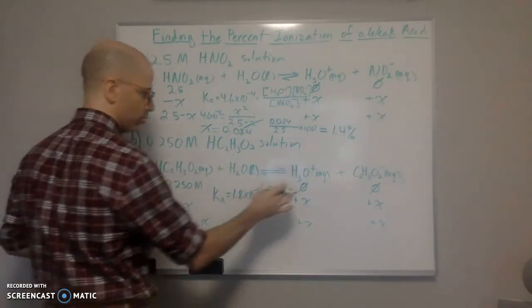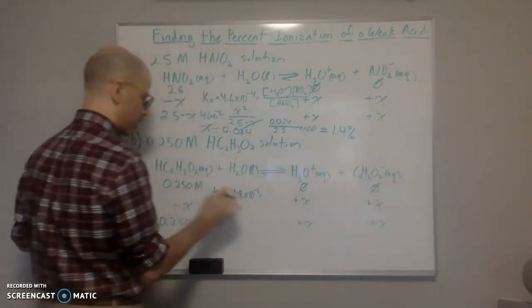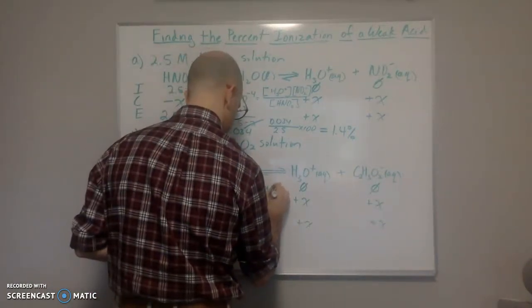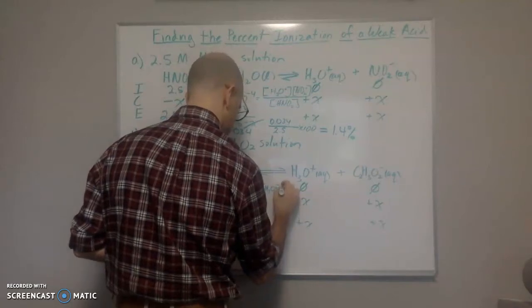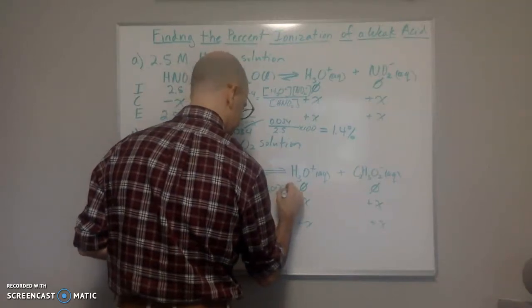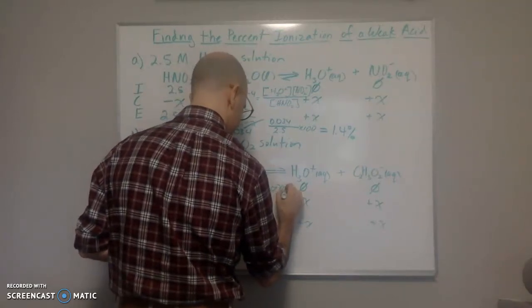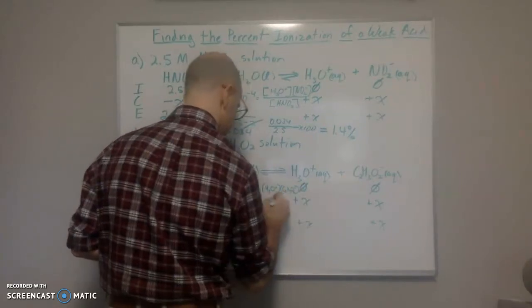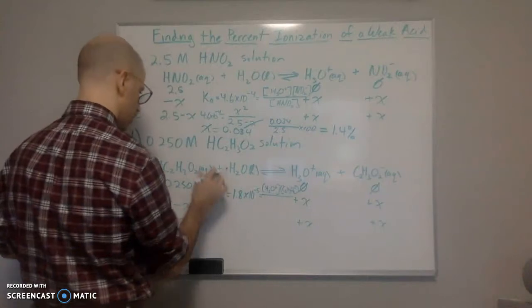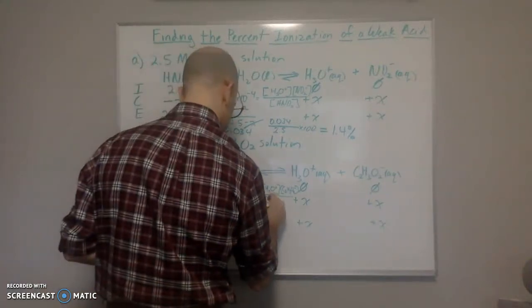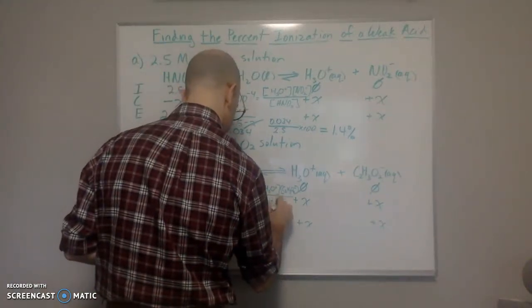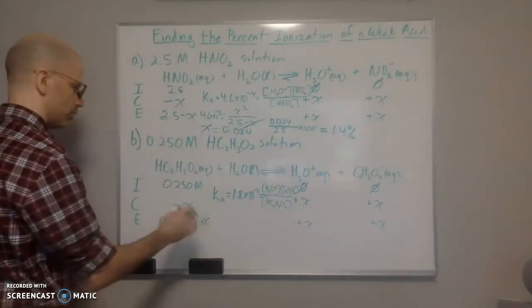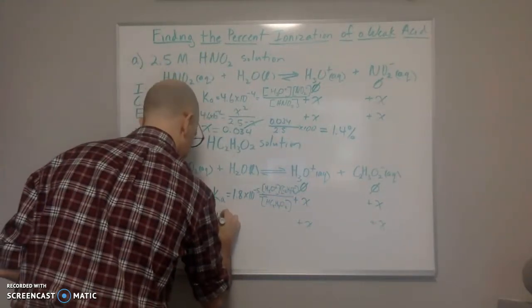And again, that's going to be equal to the product concentrations over the reactant concentrations. So again, it's going to be H3O plus concentration multiplied by the acetate ion concentration, C2H3O2 minus, all over the acid concentration, HC2H3O2.